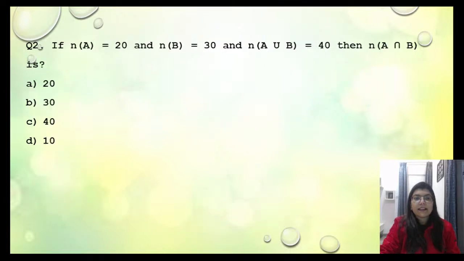Okay. The next question is very easy. If n of A is equal to 20 and n of B is equal to 30 and n of A union B is 40, then what is A intersection B? Very, very easy question.